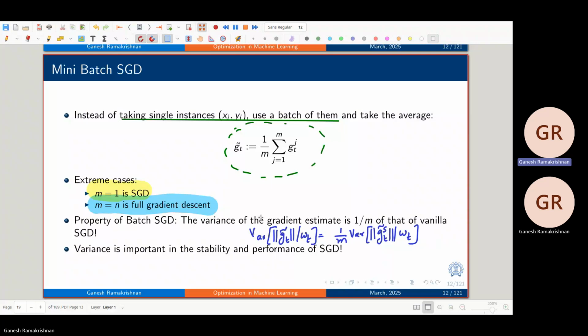If m is 1, let's take the extreme example, each group has size exactly 1, so the variances will be the same. Once the group has size 2, the variance of your mini batch estimate, g tilde t, which is the average across those mini batches, will be 1 upon m times that of vanilla stochastic gradient descent.